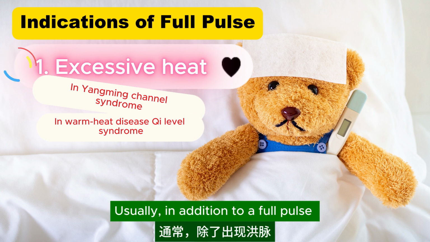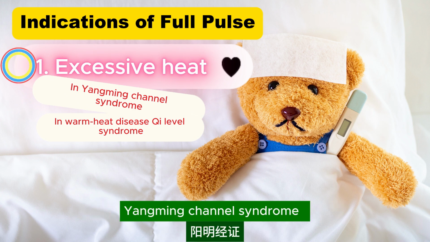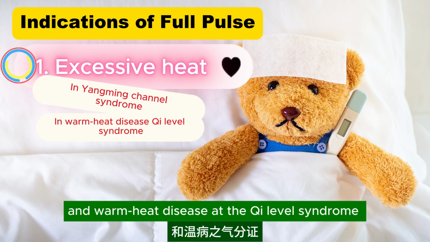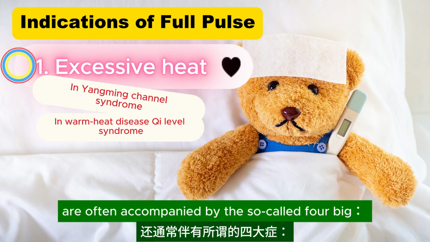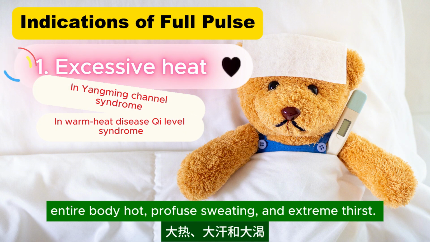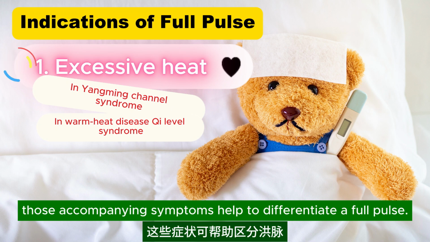Usually, in addition to a full pulse, Yang channel syndrome and warm heat disease at the qi level syndrome are often accompanied by the so-called 4 big: entire body hot, profuse sweating, and extreme thirst. Those accompanying symptoms help to differentiate a full pulse.